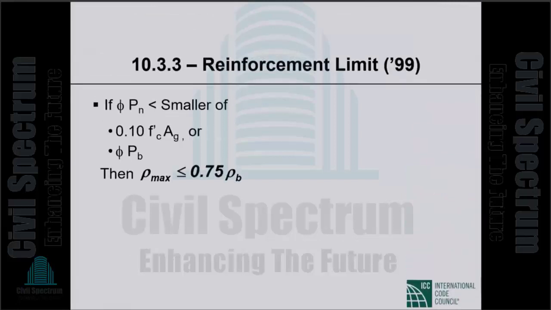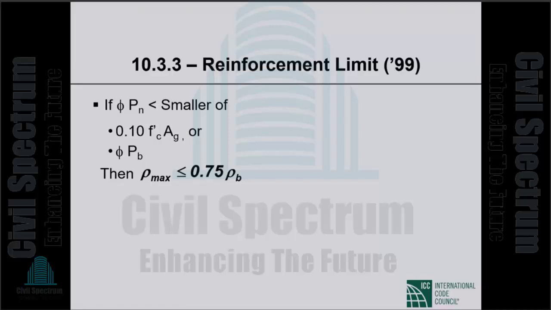Two things are important. One is this. So prior to switching to a unified design where we have tension control sections, epsilon sub t of 0.005 or more, compression control sections, epsilon sub t of 0.002 or less, and transition sections, we used to have a maximum limit on tension reinforcement, which was 3/4 of rho balanced.